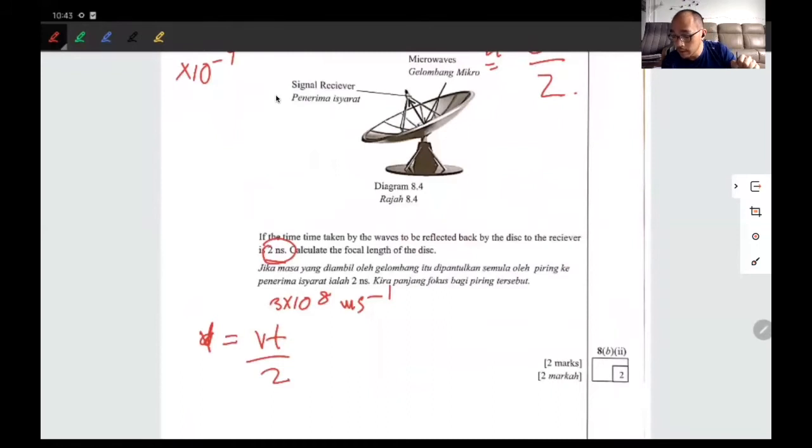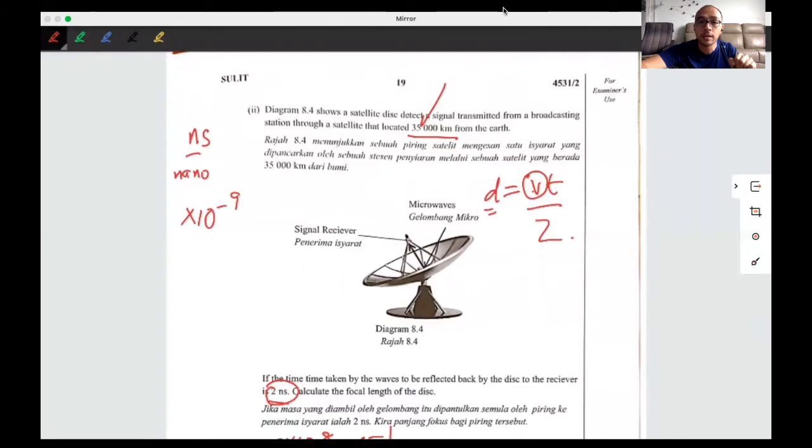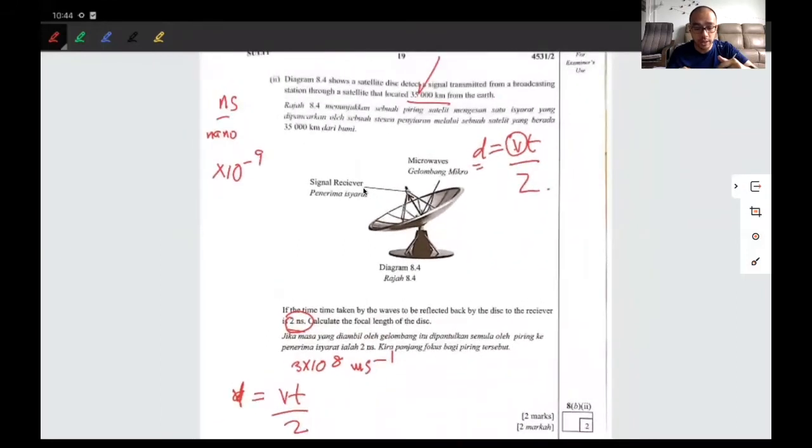Hold on. There seems to be something strange about this question. Just give me 1 minute to think about this. Okay, so there's a slight strangeness to this question now.